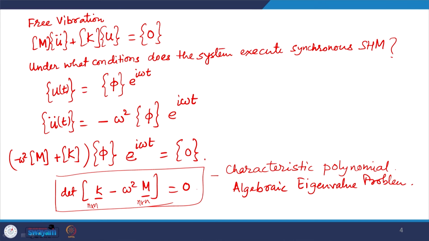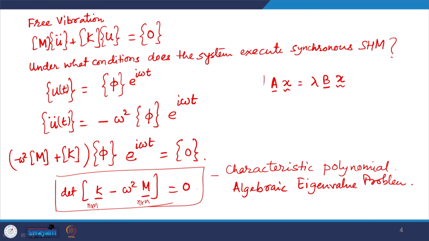If I write it in the general form, this is A x is equal to lambda B x. Here lambda refers to omega squared and x refers to this vector phi.